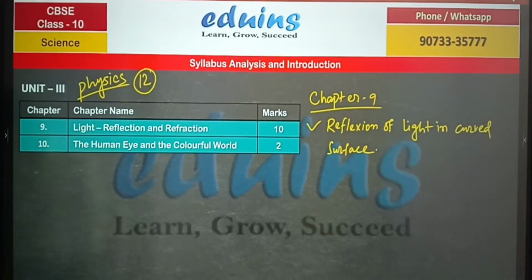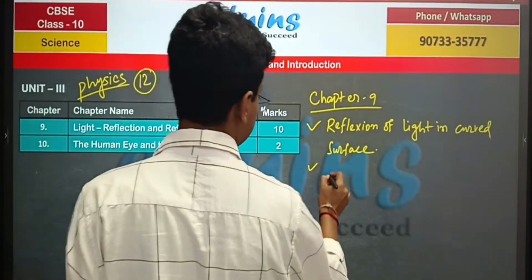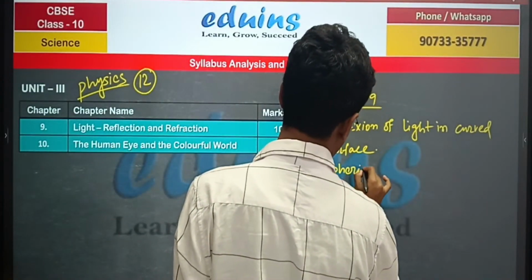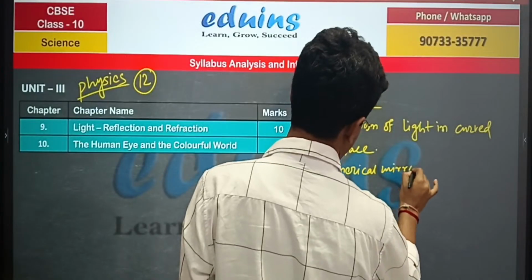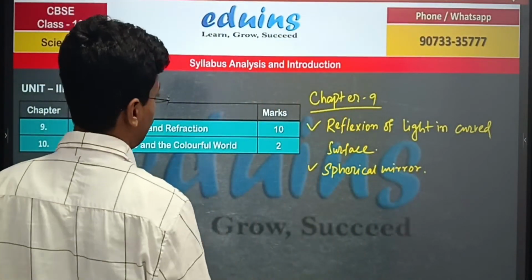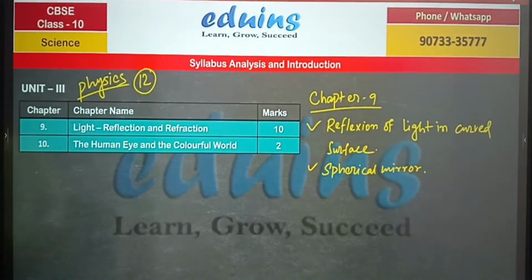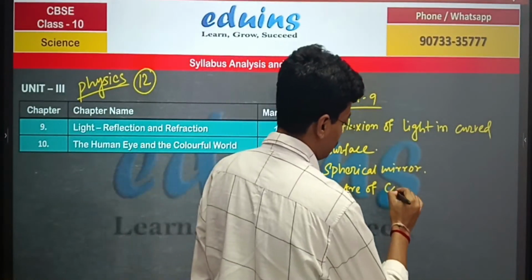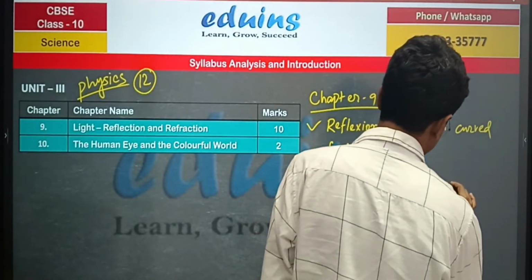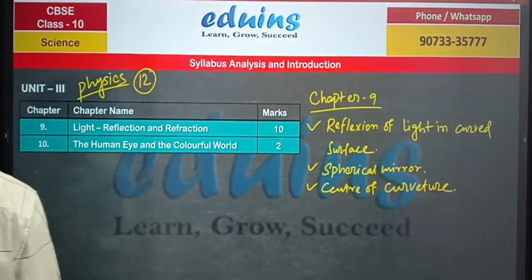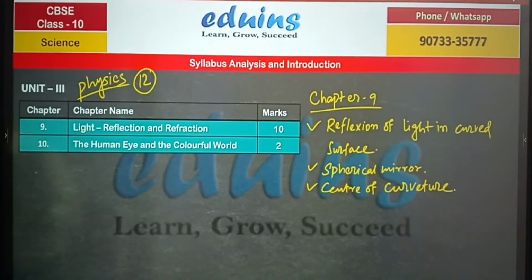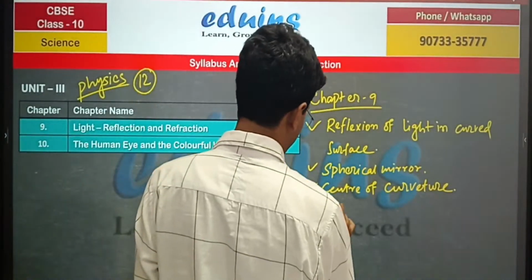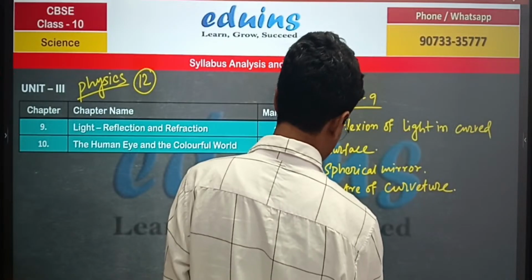Then the spherical mirror. Then we will study the center of curvature. Now next we will cover the principal axis, principal focus, focal length, mirror formula, etc.